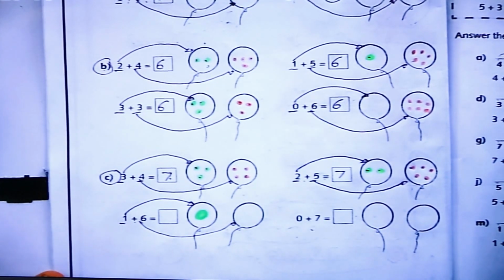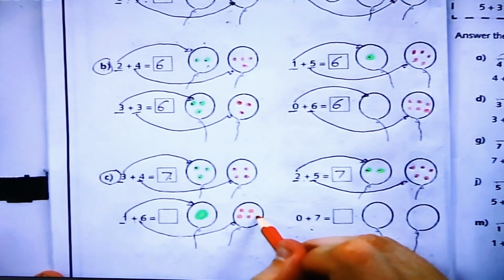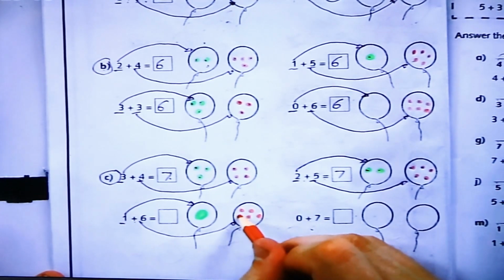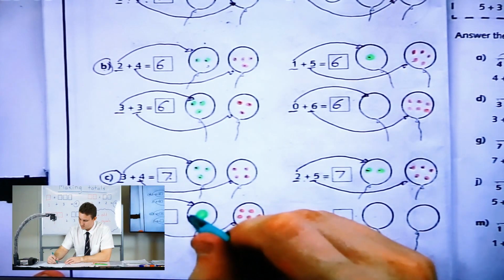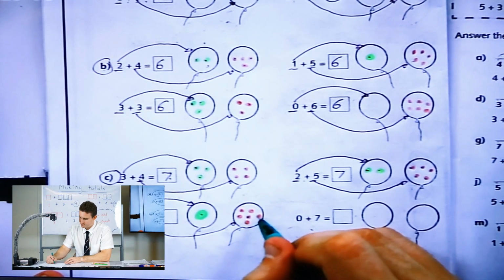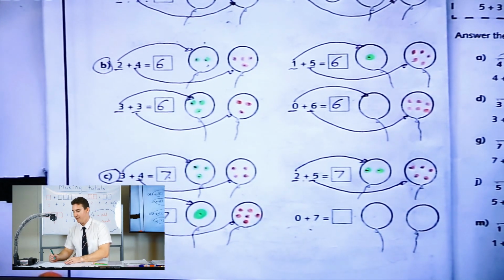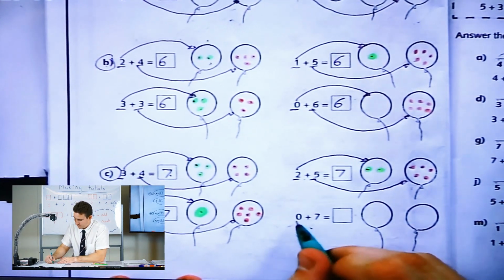And the next one, 6 into the next one. 1, 2, 3, 4, 5, 6. And let's count together. 1, 2, 3, 4, 5, 6, 7 again. Well done. And the last example.